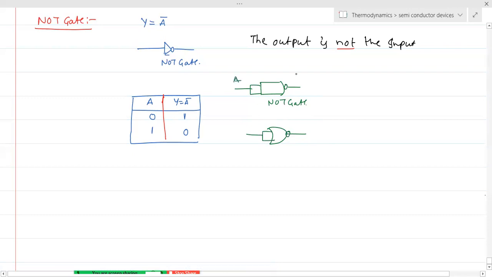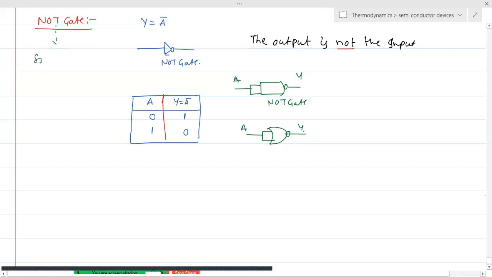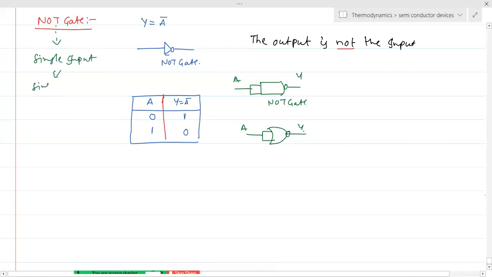If this is A and this is Y, the NOT gate is a gate where you exclusively have a single input and a single output. We take this as the NOT gate, and diodes may not explain this NOT gate.